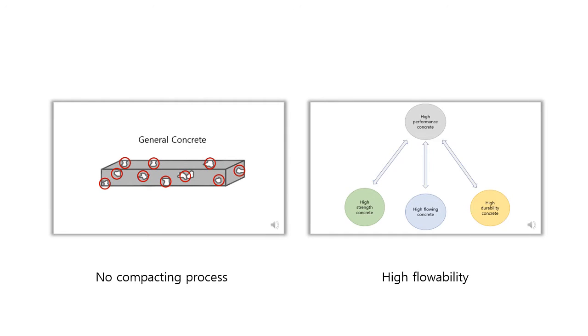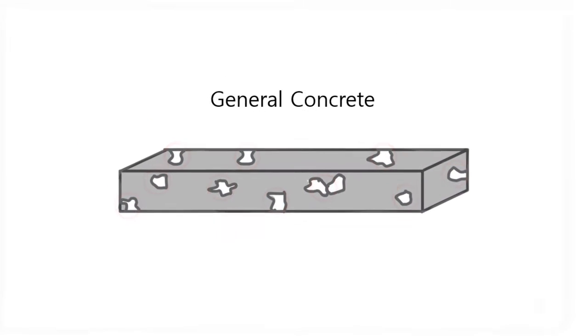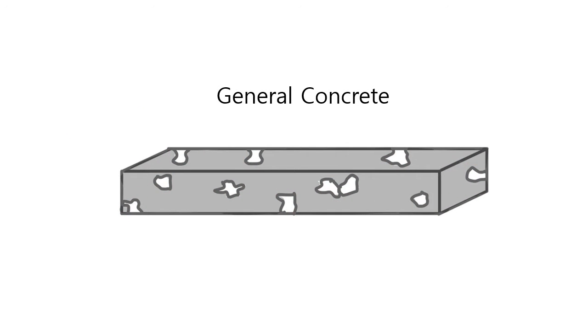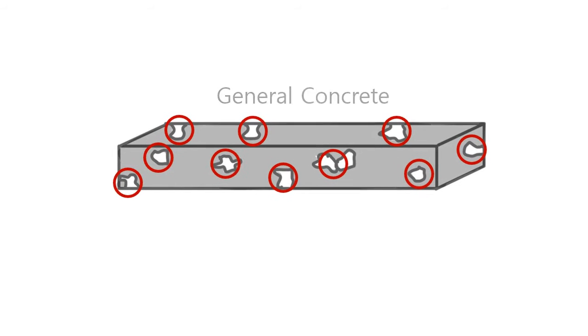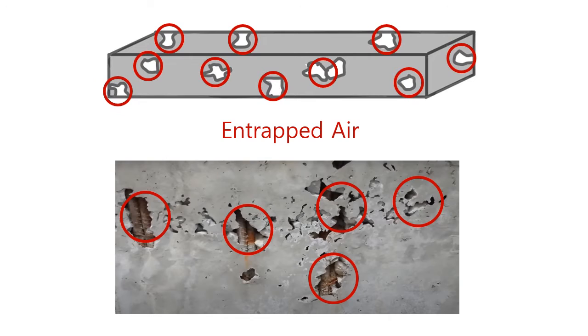From now on, we are going to explain two main reasons why structural engineers had to use self-consolidating concrete. In case of the general concrete, air voids appear in the process of concrete placing. Entrapped air appears as an empty part inside and outside.